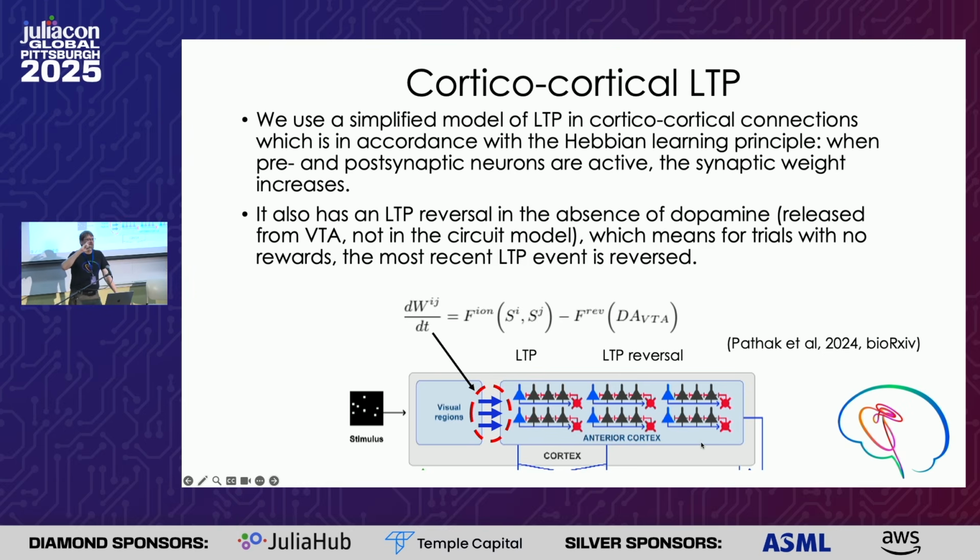The model takes the data and filters it through the system. Then a decision is made between two choices. If the right decision is made, you update the weights between the visual cortex and the anterior cortex, and then you move to the next round.